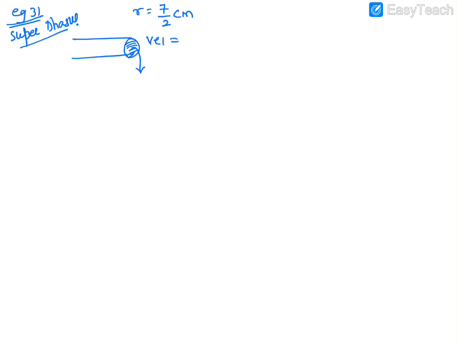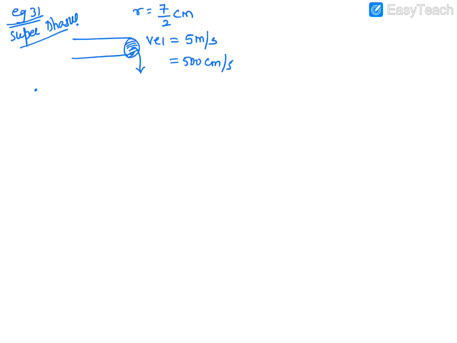Velocity of the water is equal to 5 meter per second, which is equal to 500 centimeter per second. So that's the velocity. Now we have to calculate how much volume of water is flowing out in liters in 1 minute.